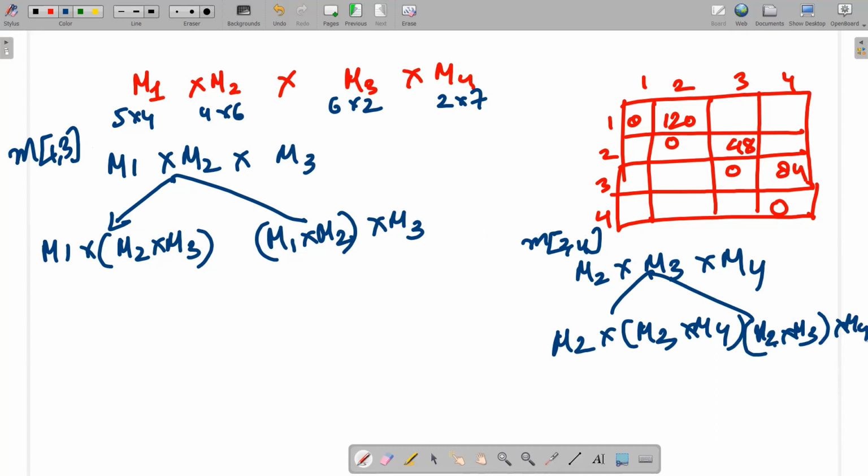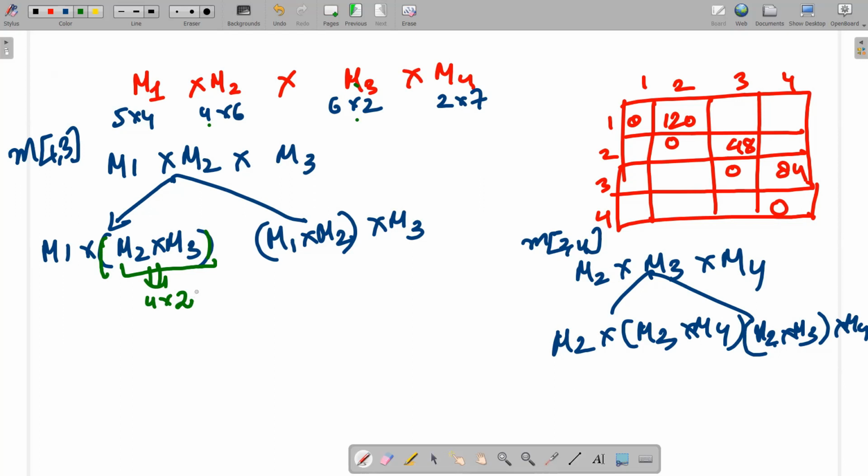Now guys, what you have to do in this whole scenario, if I have to see the cost of multiplying, is check M2 when it is multiplied with M3. When M2 gets multiplied with M3, what is the result? Because this is a bracket, this is a bracket, this is a bracket. So if I have to multiply both, there is a resultant matrix I will get. The resultant matrix would be 4 cross 6, 6 cross 2. The resultant matrix would be 4 cross 2, right?